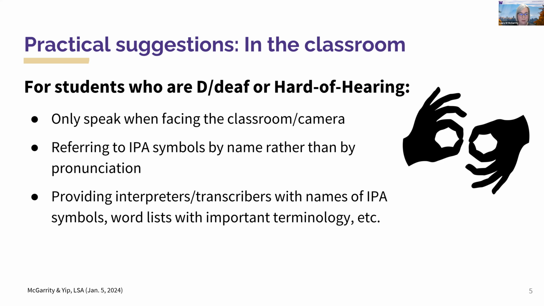Refer to IPA symbols by name, such as voiceless alveolar fricative, rather than just by pronunciation alone, such as s. If a student has an interpreter or a transcriber, chances are they would not be linguistically trained. So in such cases, it can be helpful to provide them ahead of time with lists containing the IPA symbols, their names, as well as any important terminology.